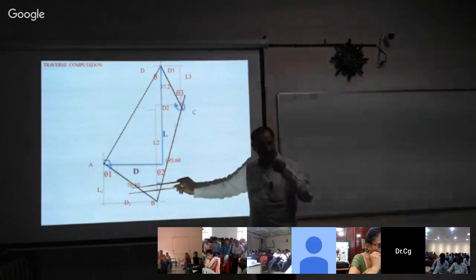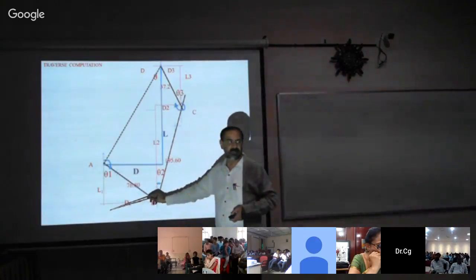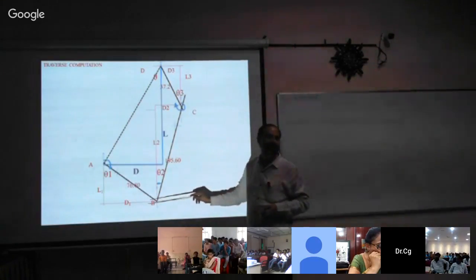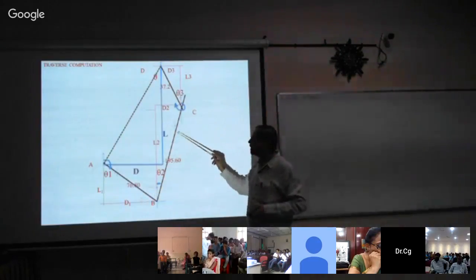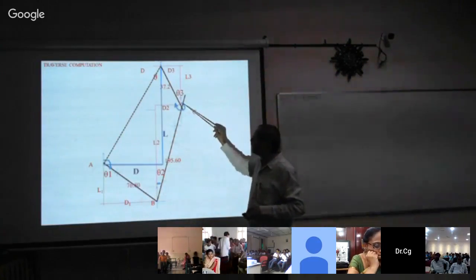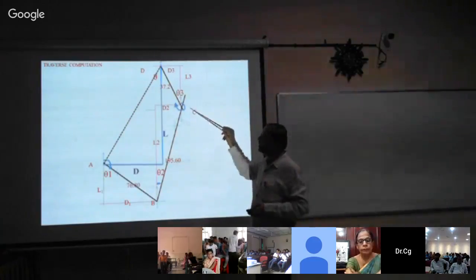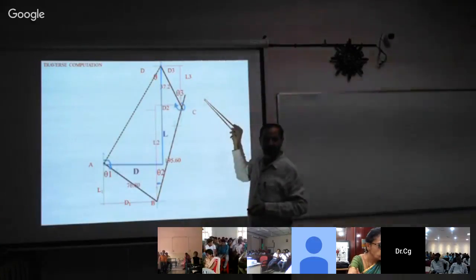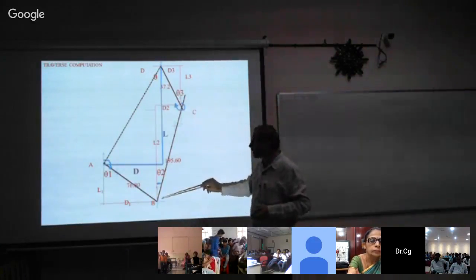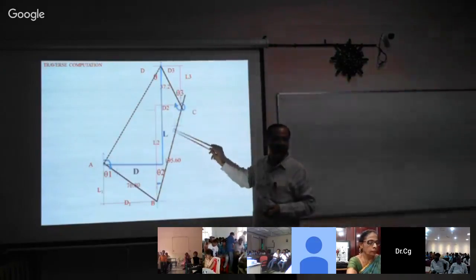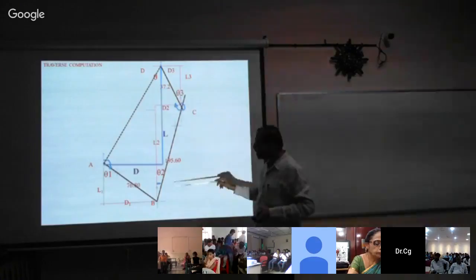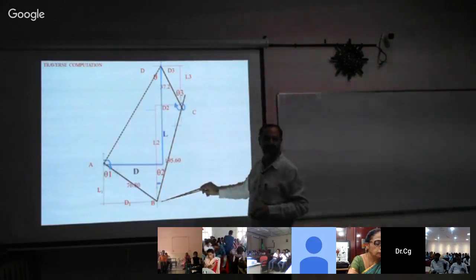Now this clearly shows AB: latitude is downward, negative, and departure of AB is rightward, eastward, positive. For line BC, latitude is upward, positive, and departure is eastward. With respect to BC, latitude is positive, and this BC line is in the first quadrant, isn't it?